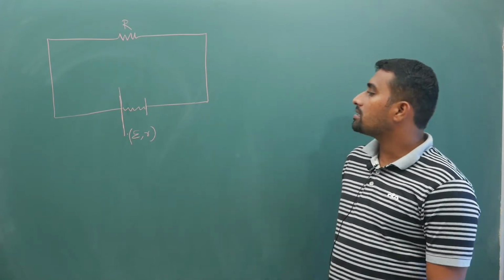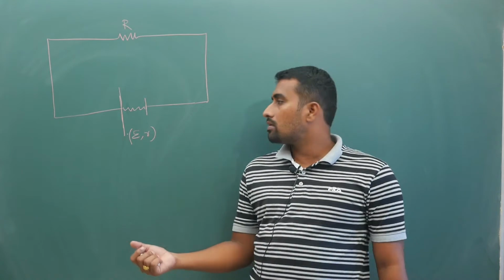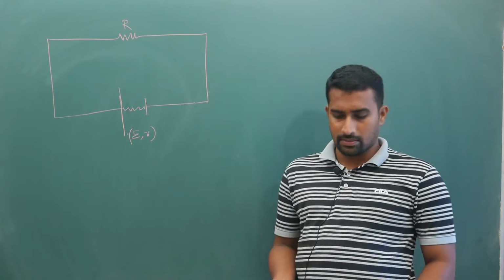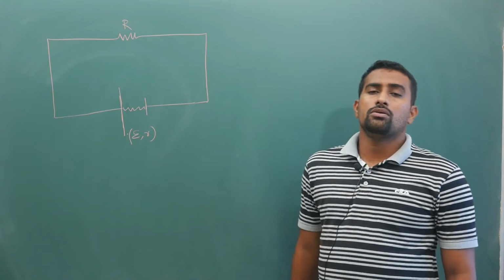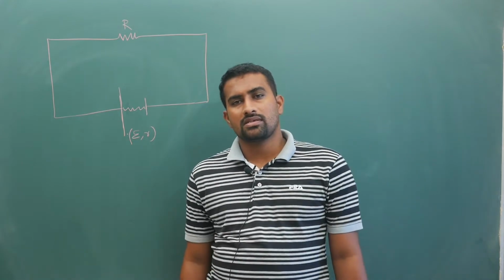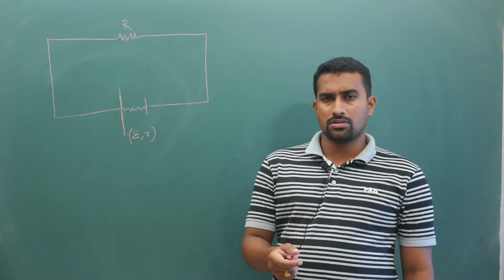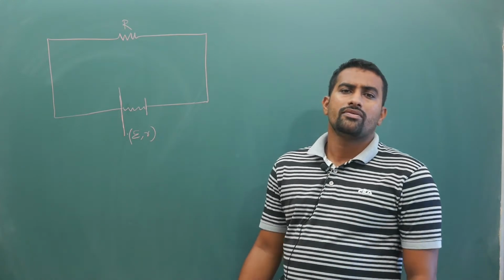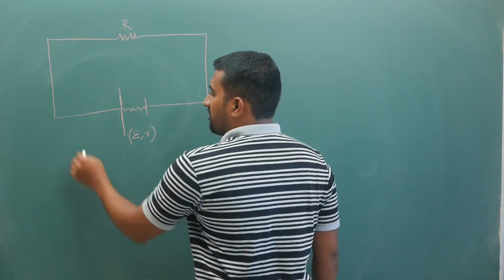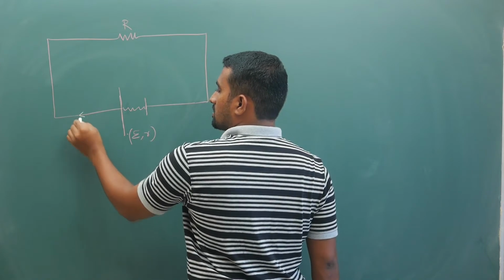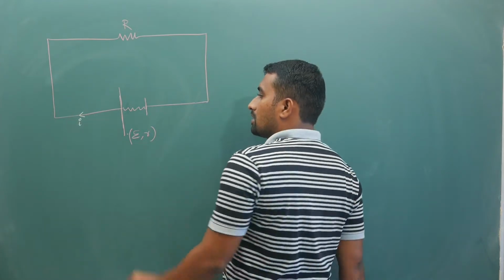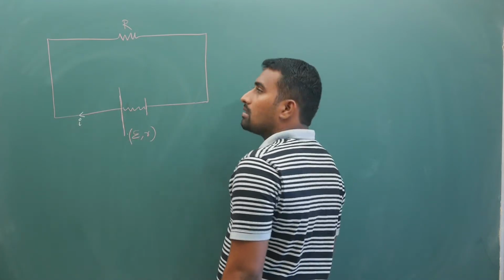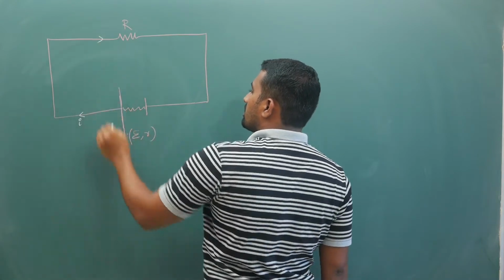Now in this case you are supposed to understand what is EMF and what is your terminal potential difference. I told you many times, once again I am telling you, if you apply Kirchhoff's law properly, then your job is done for current electricity. So current I comes like this, because this is your positive terminal, the same I flows like this.